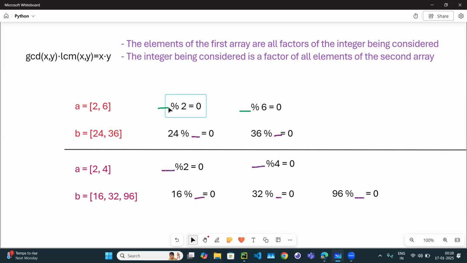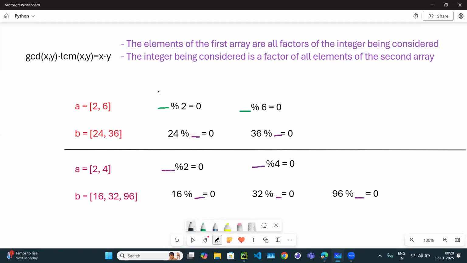I need to find any such integer so that if I divide it by all the elements of A, that is 2 and 6, it gives remainder 0, and that holds for both elements. So that is the first condition.